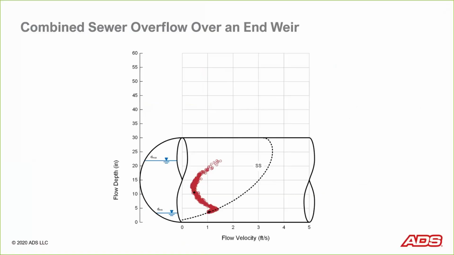So I can use the Manning equation to define parts of this data. And in this case, I've used the Stevens-Schutzbach method. And I have a little bit of a dead dog here, not much of one. So you could actually probably argue that the data set that passes through this Manning equation is a little bit of backwater, but for all intents and purposes, you could call it uniform flow.